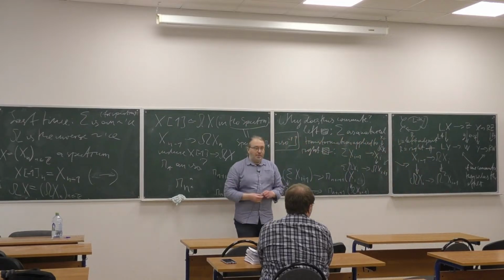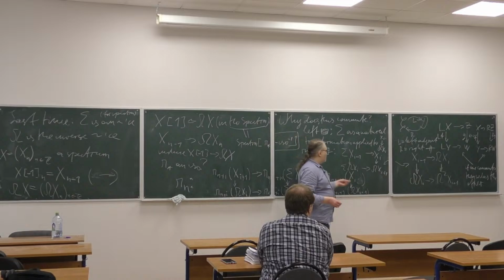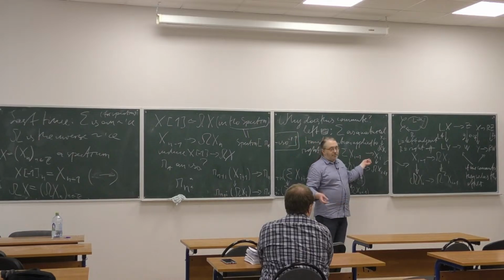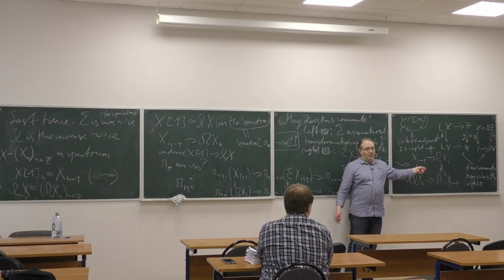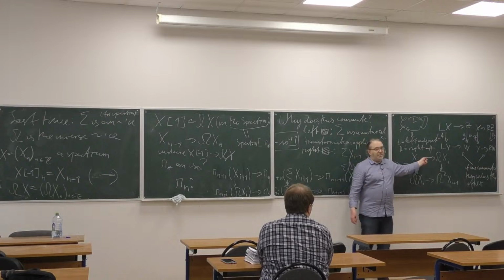Okay, so the diagram we want is tricky. We pass by adjunction to another diagram, and basically this one commutes.